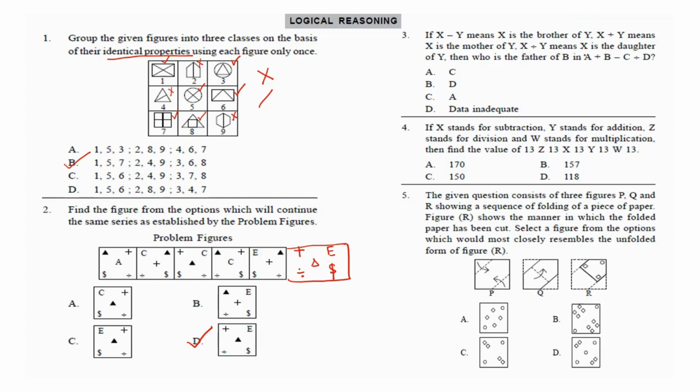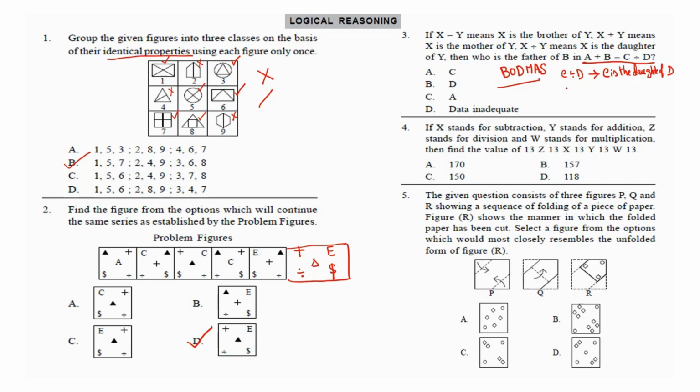So here we have to apply the BODMAS rule. First, see C divided by D. If we take C divided by D, this means C is the daughter of D, correct?